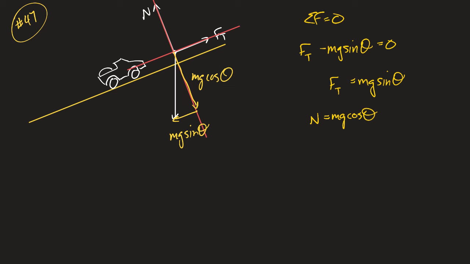Okay, when the truck loses the load, that means the mass of the truck suddenly changes. That doesn't mean that the force from the truck suddenly changes. So now we have this new circumstance where the force from the truck minus mu m g sine theta has to equal m a, the new mass of the truck.